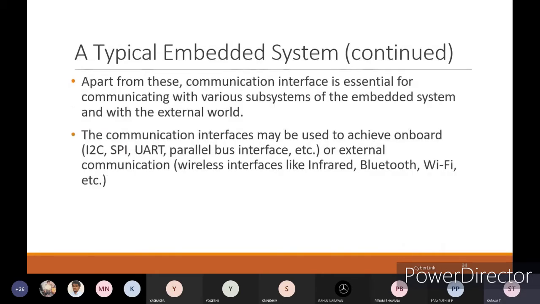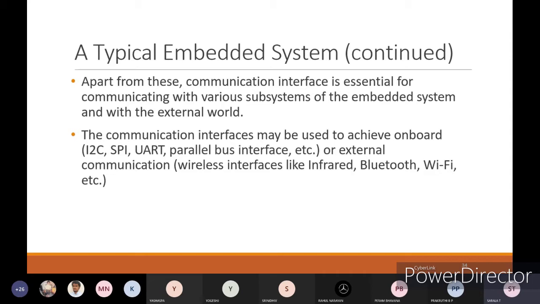In a typical embedded system, apart from these, a communication interface is essential for communicating with various subsystems of the embedded system and with the external world. You need an interconnection between one device and another. In the embedded system you will have the memory area, the core, the peripheral devices, and some functioning ICs.